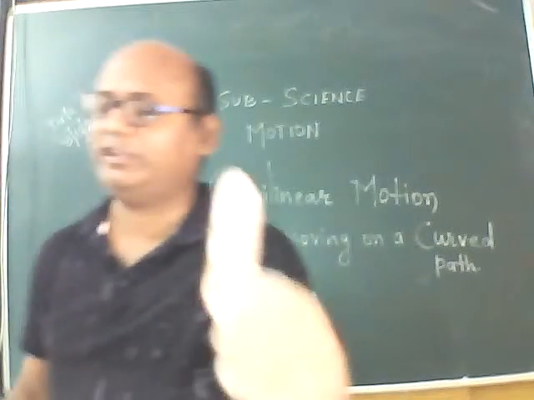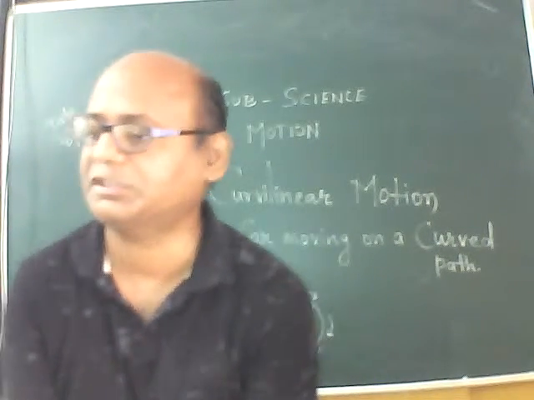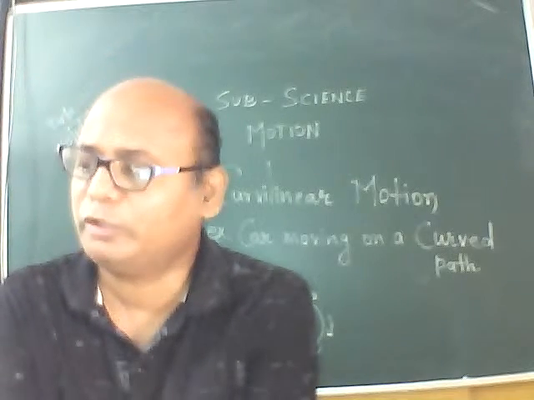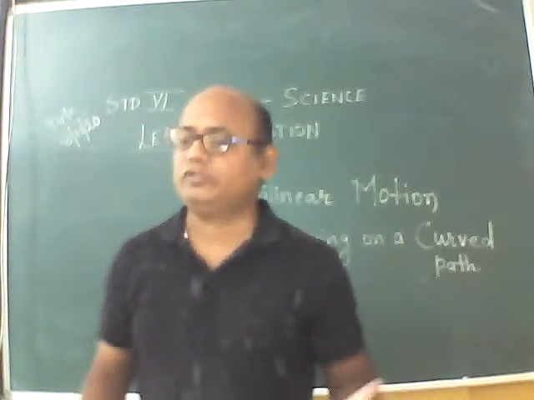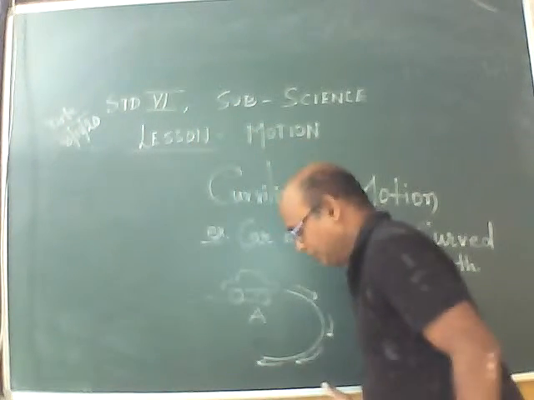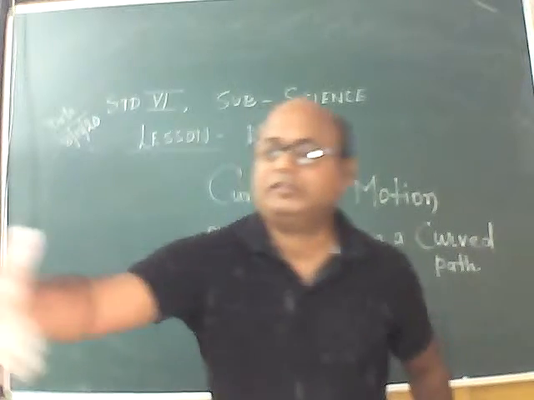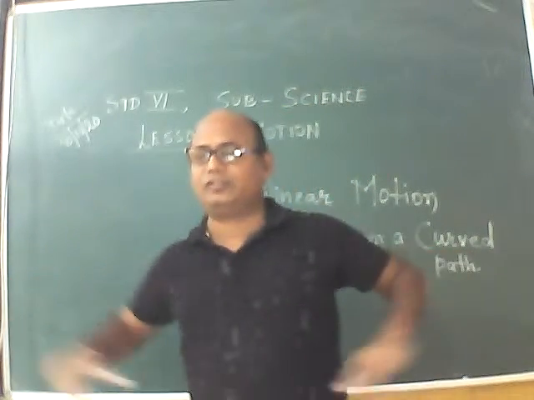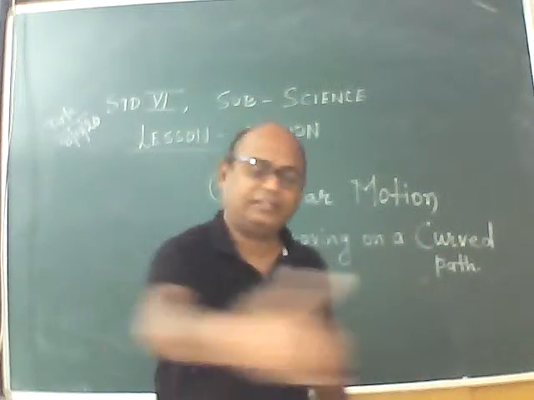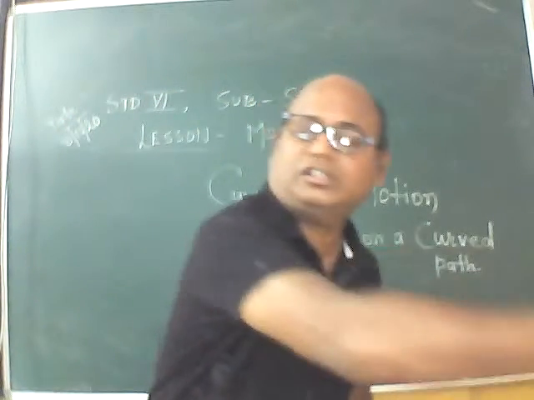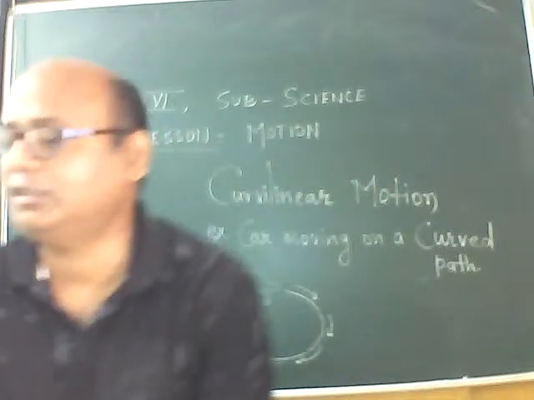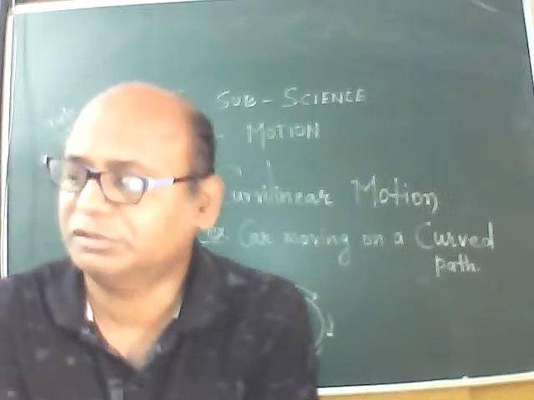That is called revolution. Shardul gave a very correct answer. A train moving on a curved railway track. It is like a toy train. We will find it is moving like this. Our train also, whenever there is a curve, moves on a curved path. That is curvilinear motion.